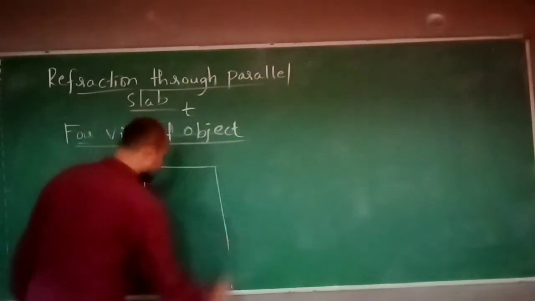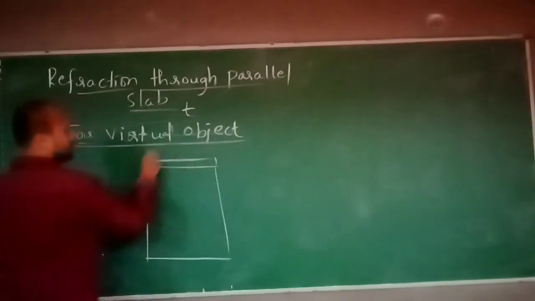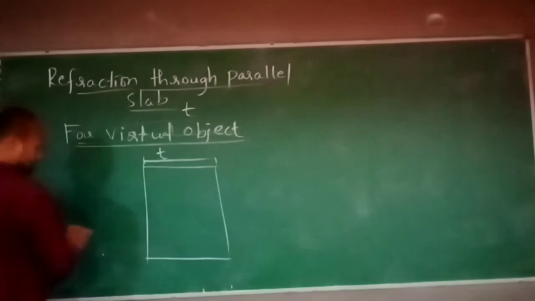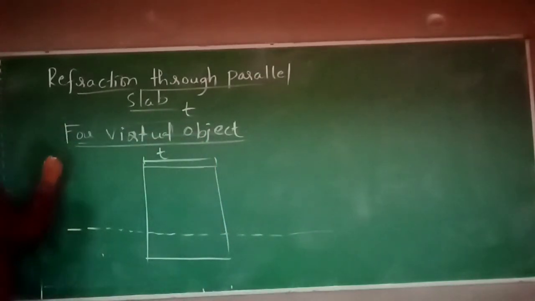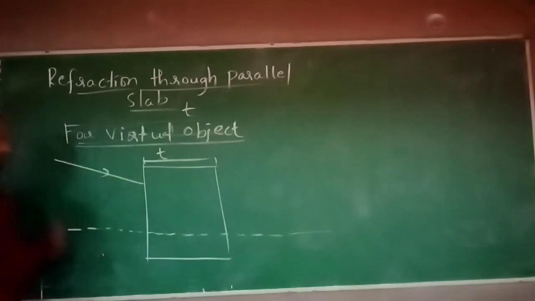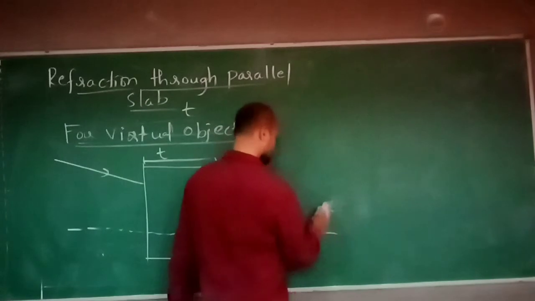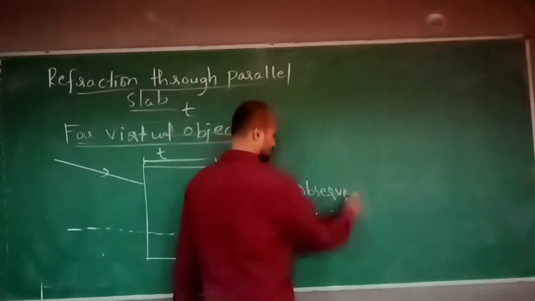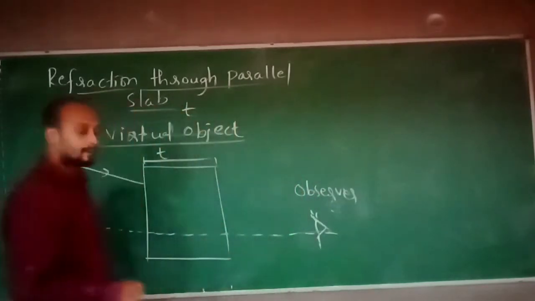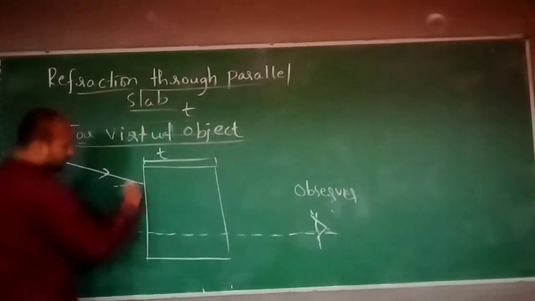Let me consider one thickness of slab T. Now imagine that one ray is coming like this. Observer is here. Now when one ray is coming like this, what is going to happen?